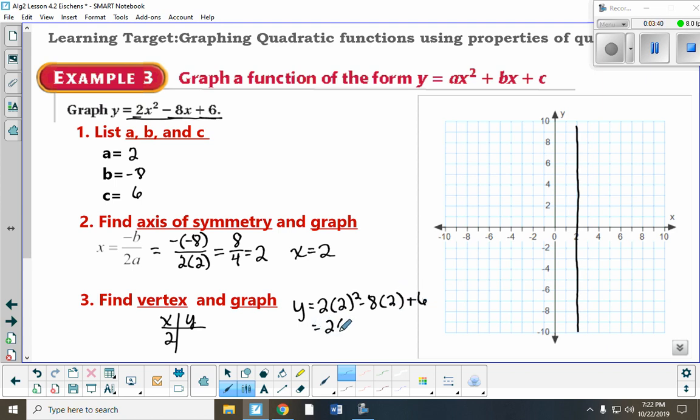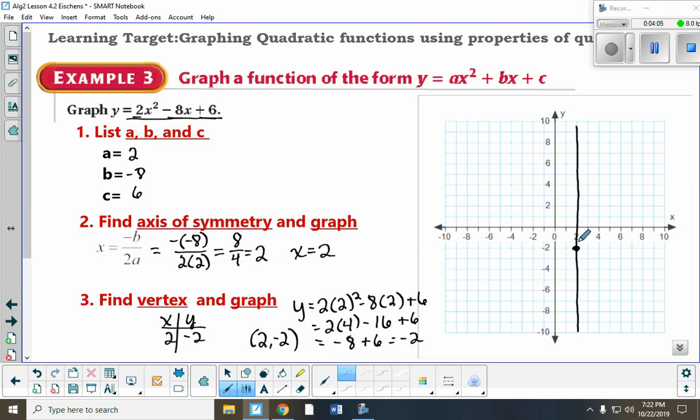So that'd be 2 times 4 minus 16 plus 6. So 8 minus 16 is a negative 8 plus 6, which would be a negative 2. So when we substitute in 2, the output is a negative 2. So your vertex then would be at 2, negative 2. So over 2, down 2.